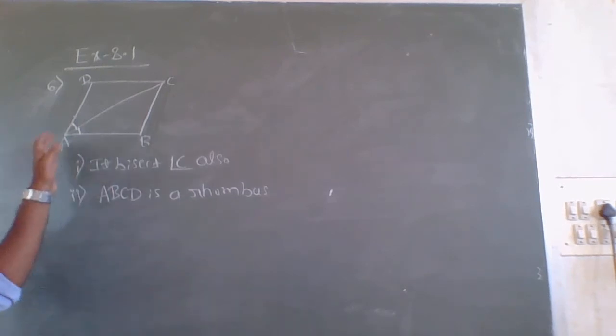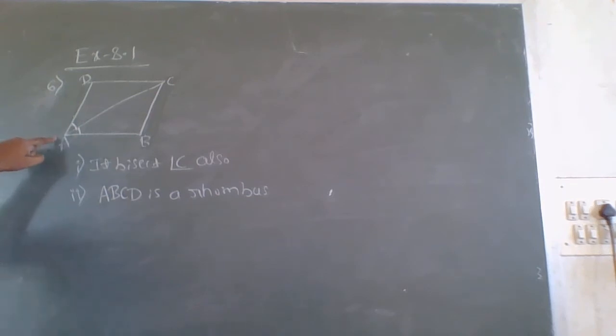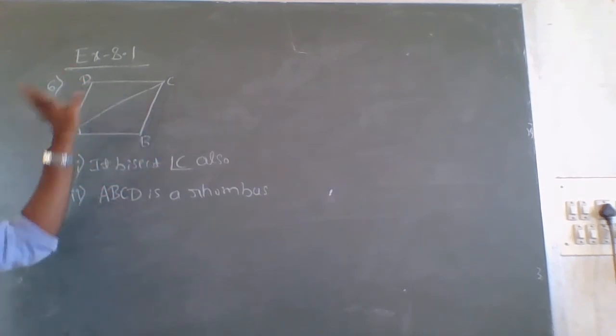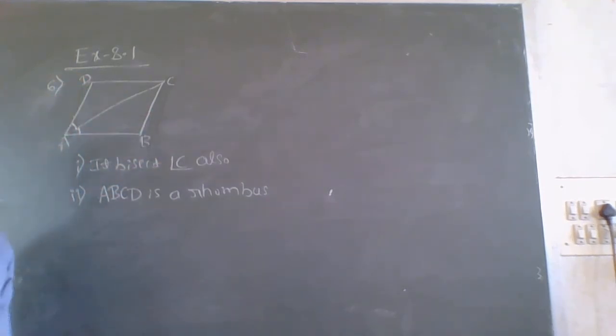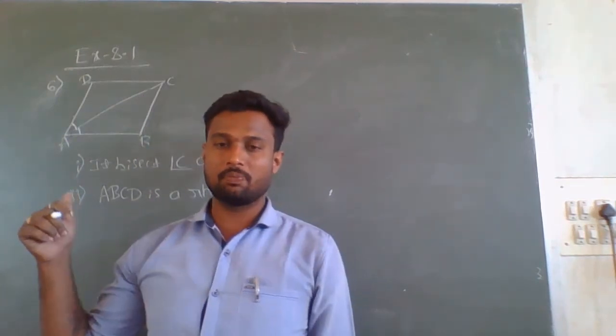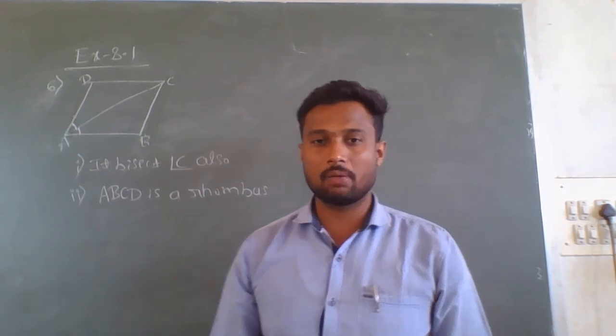They have given that ABCD is a parallelogram, AC is the diagonal, and AC bisects angle A, meaning these two angles are equal. We have to prove that AC bisects angle C also, and that ABCD is a rhombus. To prove ABCD is a rhombus, we know the property of a rhombus: it is also a parallelogram and has all the properties of a parallelogram.